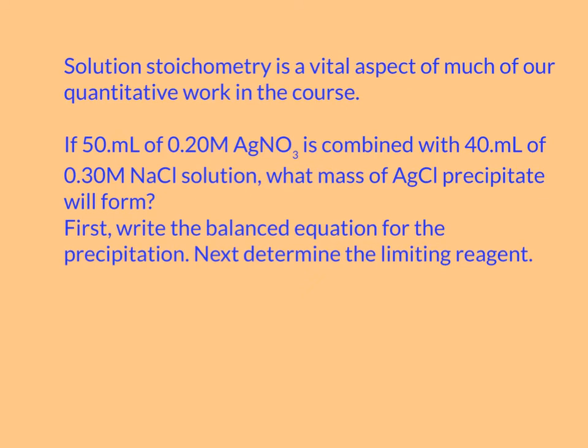This problem again is a stoichiometry problem, and it does involve a limiting reagent. So take a few minutes to work this out, pause the video, and then you can come back and see what I'm going to do with it.